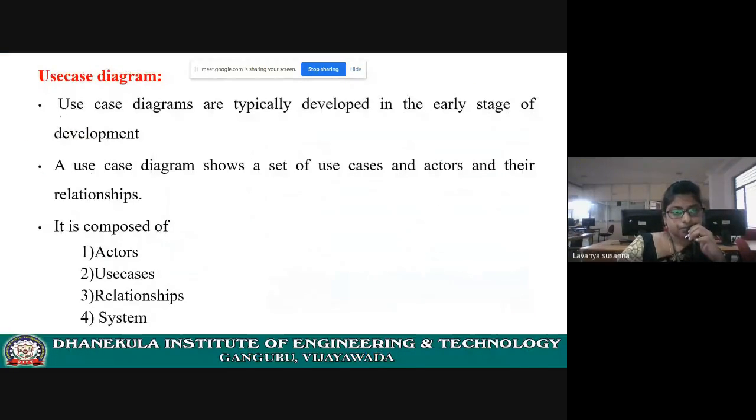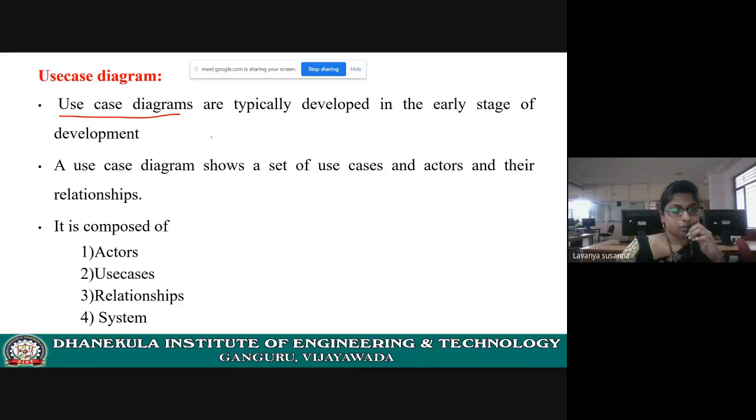See here, during the requirement phase, the client will say which type of software he needs and what the functionalities are. Those are the requirements, and they are captured as use cases.